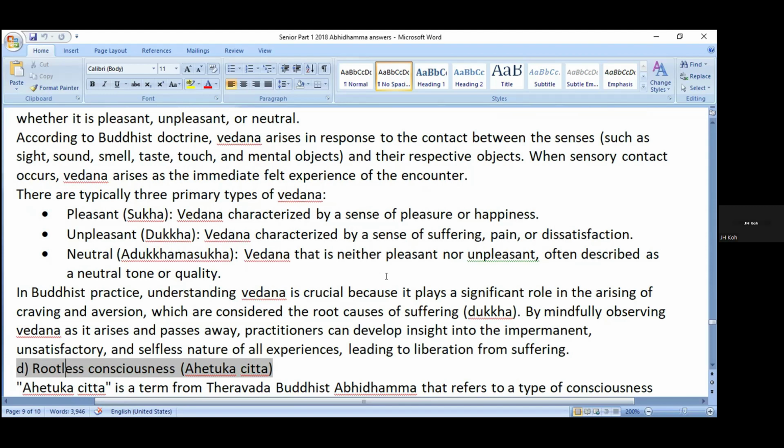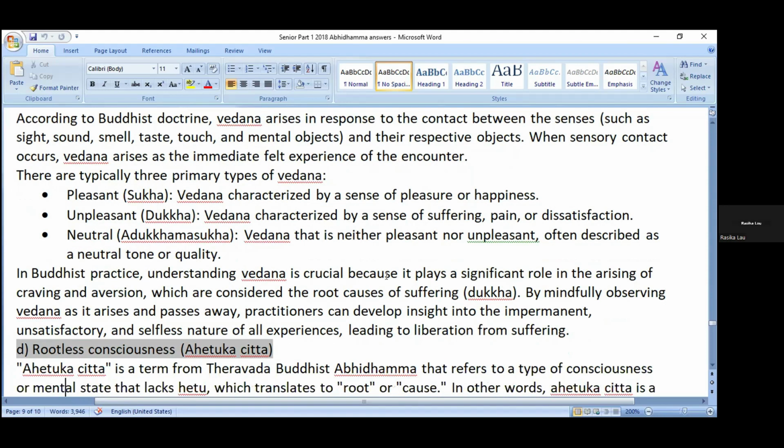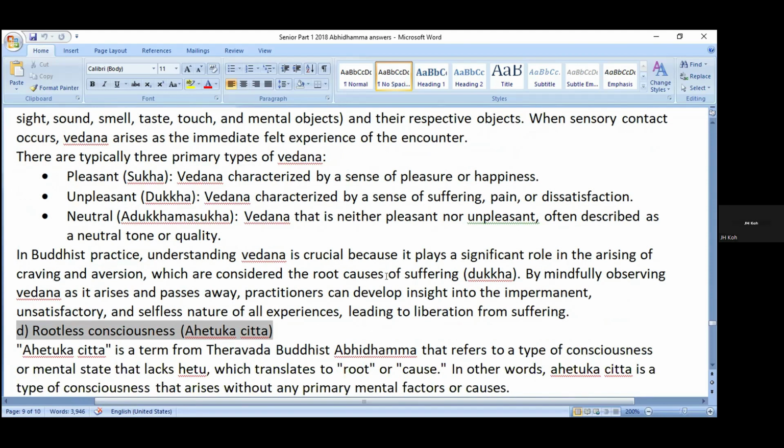Rootless consciousness function is the bare function of the operations of the mental process. Yeah, I think that few sentences is enough. Okay, sufficient. All right. Good try.